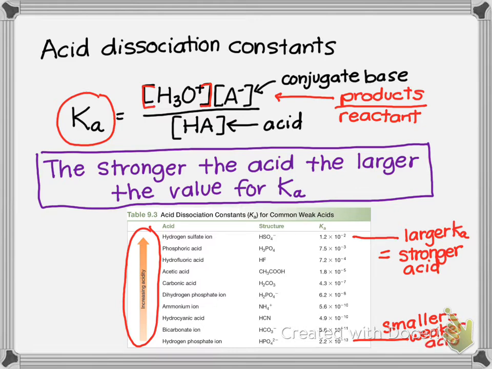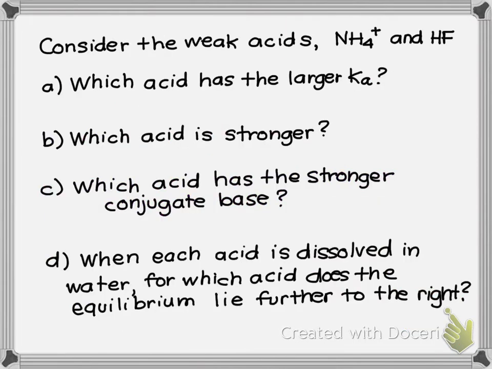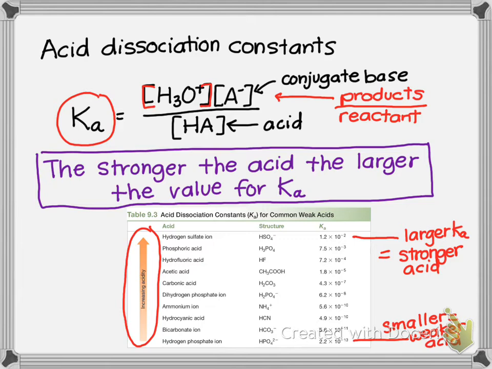So let's see how we can relate this to things that we've already talked about. Here's a question. It says, consider the weak acids NH4 plus and HF. I'm going to have to go back and forth because I couldn't fit that table on both. So I'm going to write both of these, and let's go back to the table. NH4 plus is right here, 5.6 times 10 to the negative 10.